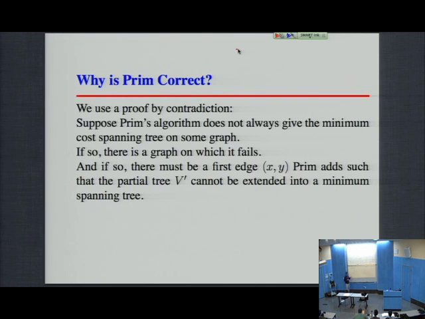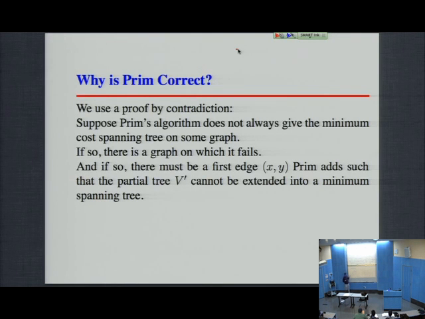Because there is no minimum spanning tree containing all the edges that I have added so far. Okay, does everybody agree with that? If Prim's algorithm was correct, it would never pick an edge that would cause a fatal problem, because it's always going to give me a spanning tree.